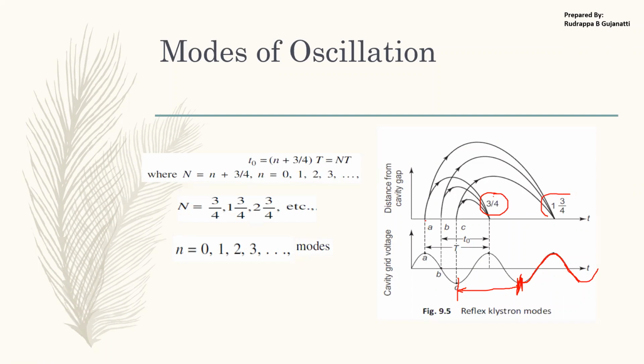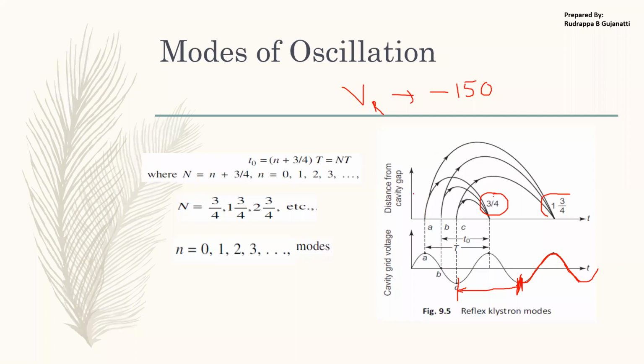So here, if the repeller voltage is highly negative, for example minus 150, I'll take one representation over here.